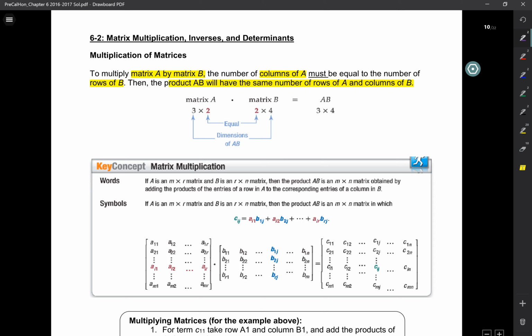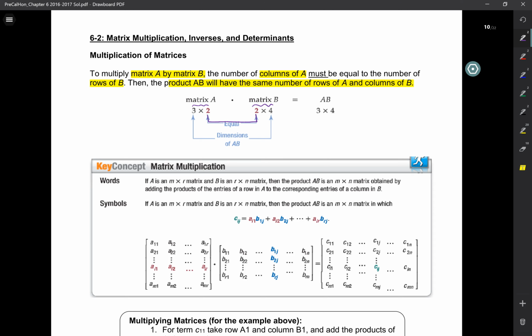So suppose you're multiplying matrix A times matrix B. What we do is we write down the dimensions of A and we write down the dimensions of B. Now, the inner numbers have to be equal to each other. If they're not equal to each other, we can't even multiply the matrices.